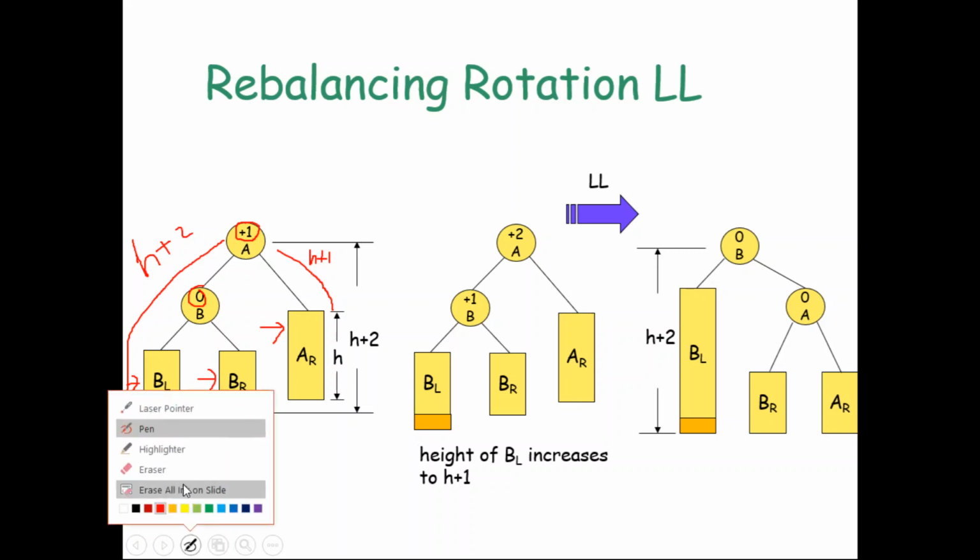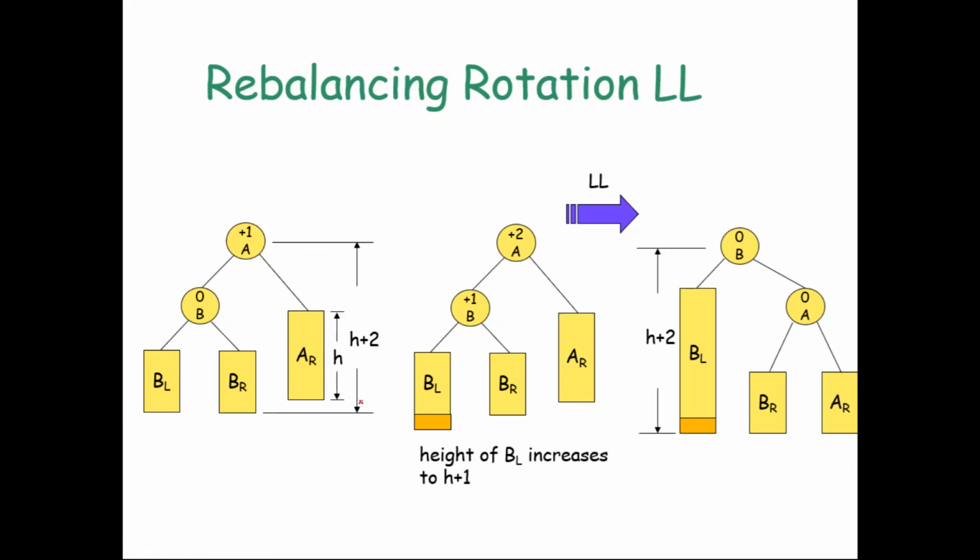But here an insertion is done. Let us assume that in this balanced tree, you are performing an insertion here. That is, one more node is added to the left subtree of B. So a new insertion happened, and because of this, the tree got unbalanced. Where did the tree get unbalanced? At node A. So what kind of rotation do we have to do?